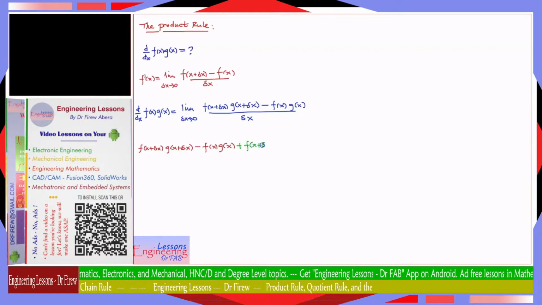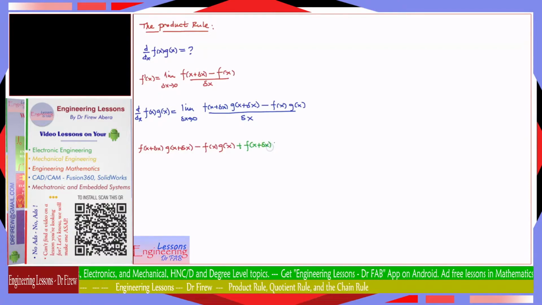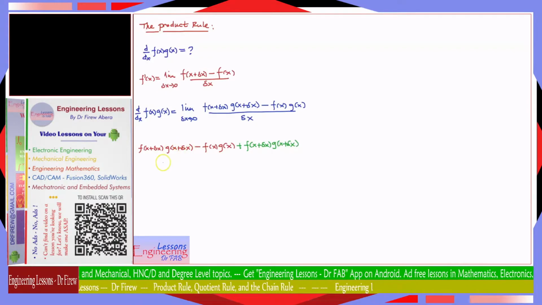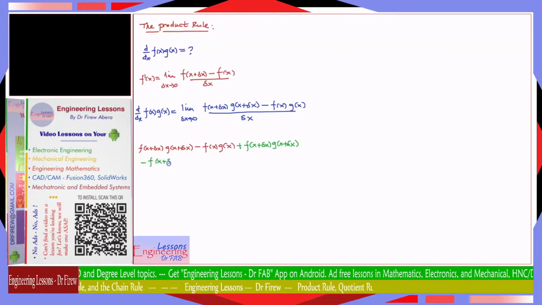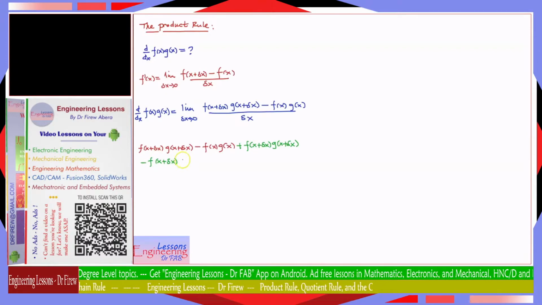Okay, so if I can take that expression, okay, and let us add now this following expression, f of x plus sigma x times g of x plus sigma x, okay, minus, again minus, okay, I'll continue here, minus f of x plus sigma x times g of x plus sigma x.